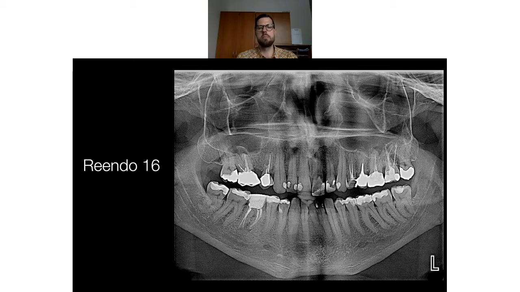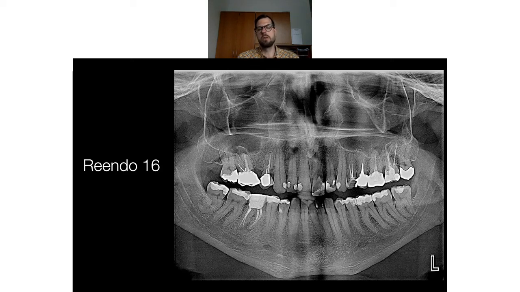He had a gap there because he lost the second maxillary premolar. We were thinking about making some reconstruction, because we see that under the crown on the 16 there is decay, and also a very big lesion.